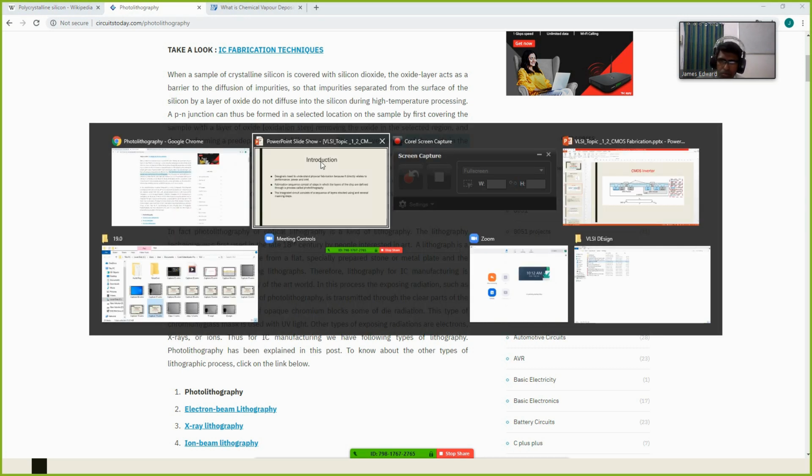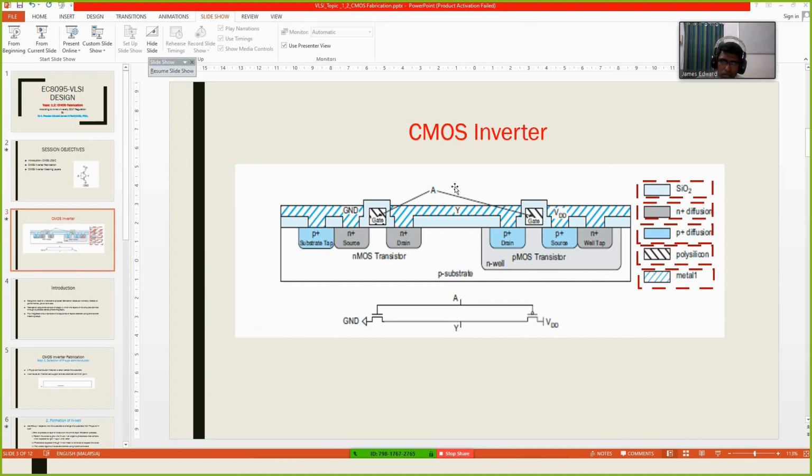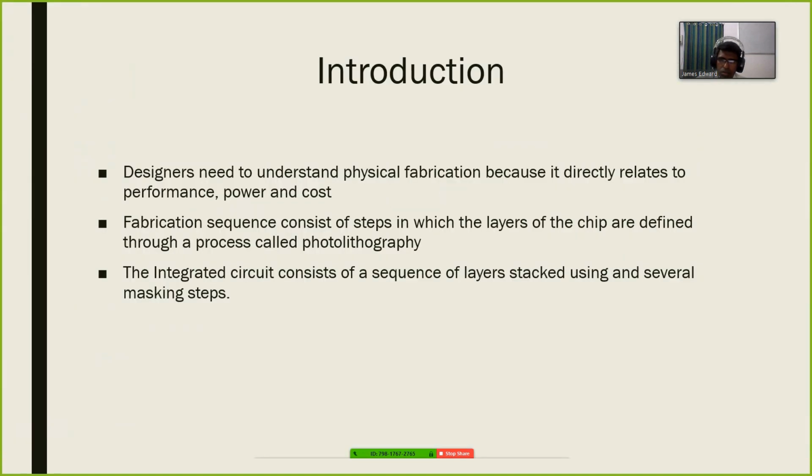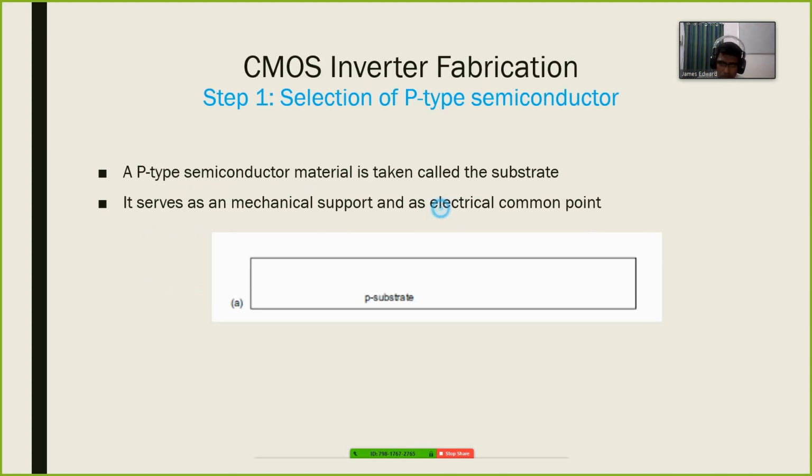Moving on to the next one, as we know, the integrated circuit consists of a sequence of layers which are stacked using several masking steps. For the CMOS fabrication process, initially we take a p-type substrate.